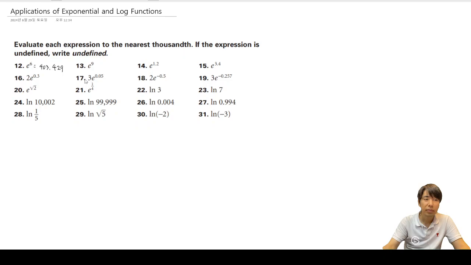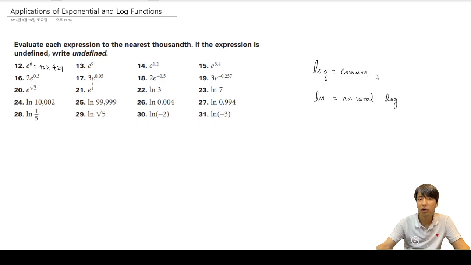Okay, these are all just calculator input, so there's nothing difficult. Just put them all in. ln 3. There's a ln button on the calculator. There's log and ln. As I said, this is called natural log. And log, if you don't have any base written down, means it's a common log.